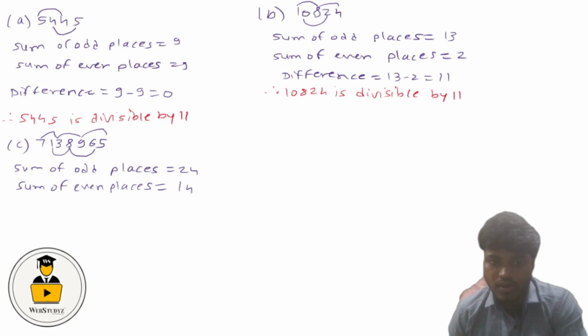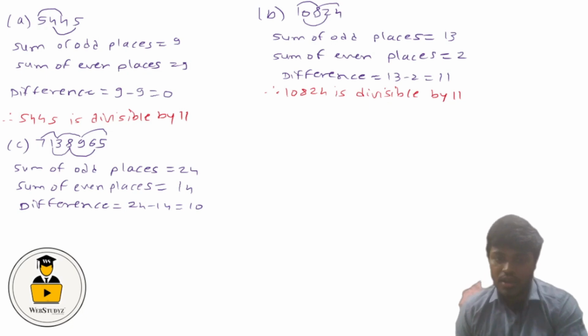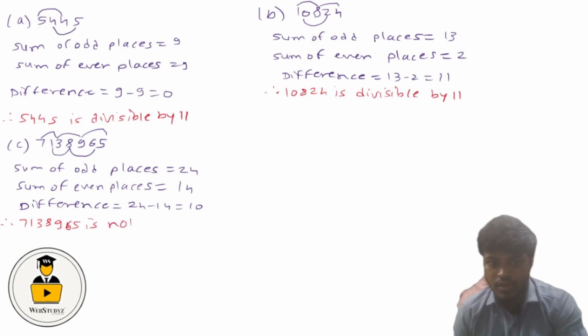Let us again find out the sum at odd places: 7 plus 3 is 10, 10 plus 9 is 19, 19 plus 5 is 24. So the difference here will be 24 minus 14, which is 10, and 10 is not divisible by 11, so we can say that the number 7138965 is not divisible by 11.